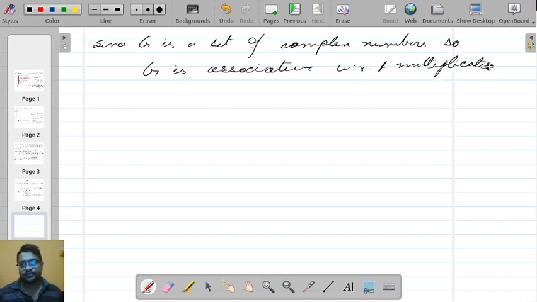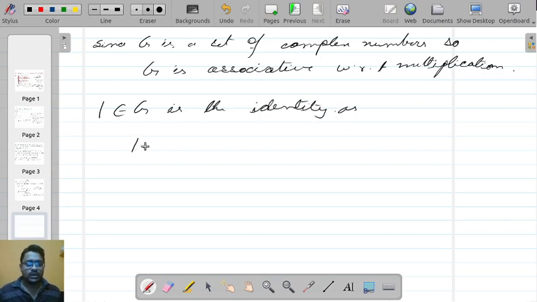Okay, G is associative with respect to multiplication. Then I have to find out what is the identity element. So 1 belongs to G and is the identity, because 1 multiplied with z to the power i is just z to the power i, as 1 multiplied with z to the power i is equal to z to the power i for all z to the power i inside G.